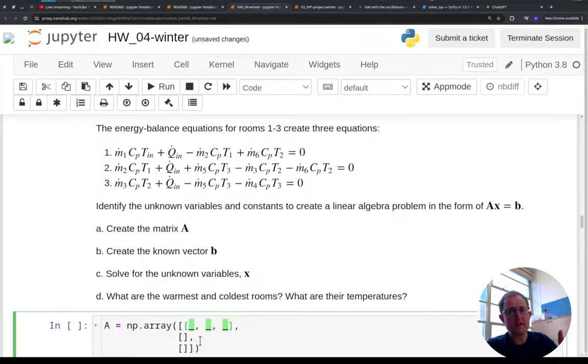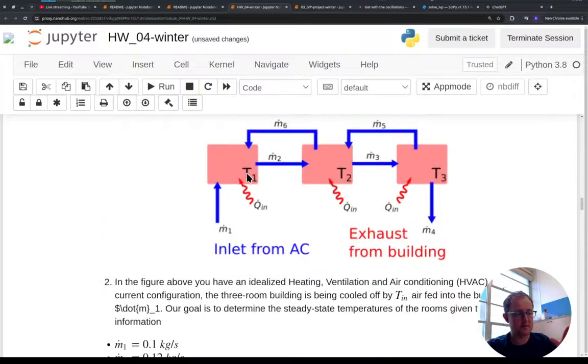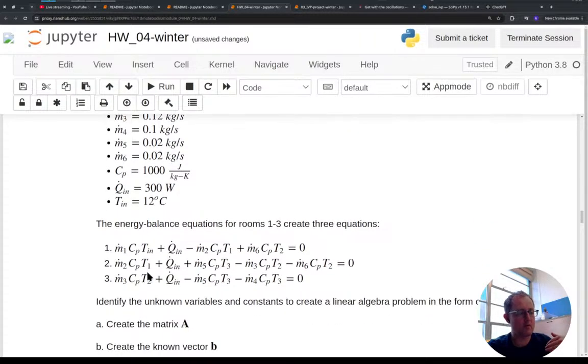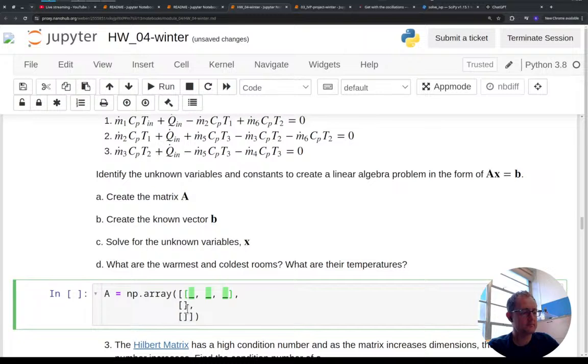There are 3 unknowns, T1, T2, and T3, for the temperatures of rooms 1, 2, and 3. I know what T in is. I know what Q in is, so I have all these things that I already know. So if there are 3 unknowns, my matrix has to be a 3 by 3 matrix. Kind of like this.